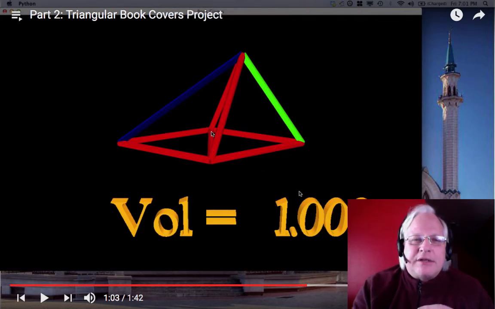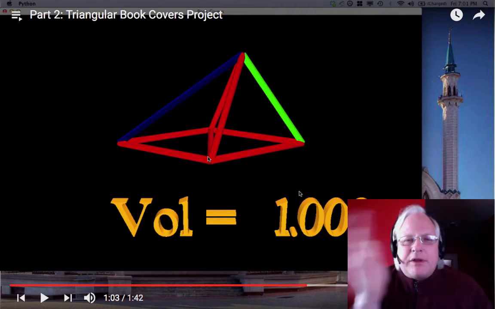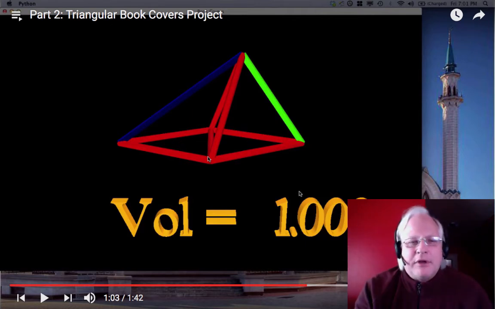The edges in red are all 2, or D. And it's like a book, a triangular book, open like this, with a page that goes back and forth. You could say wags back and forth. And in the position we're in right here, with the green edge the same as the red edges in terms of length, that's the synergetics volume of 1.